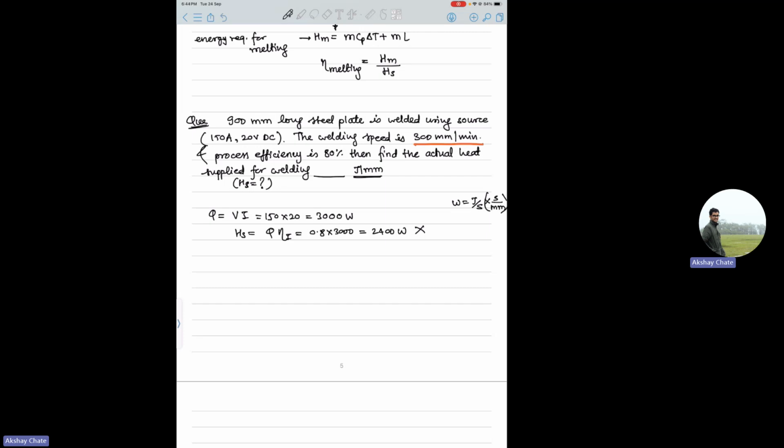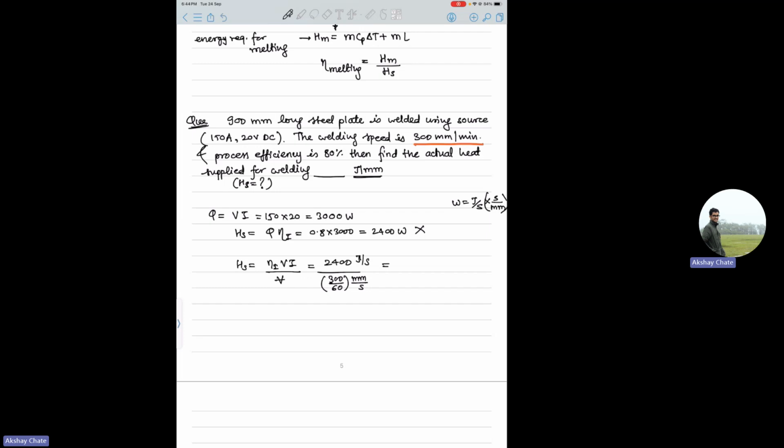So in that case, no need to worry. You have to just divide by the velocity. So HS can be efficiency into VI divided by the velocity. Okay, so this 2400 we already have calculated. So this is 300 mm per minute, so per second it will be 300 by 60 mm per second, which is 5.